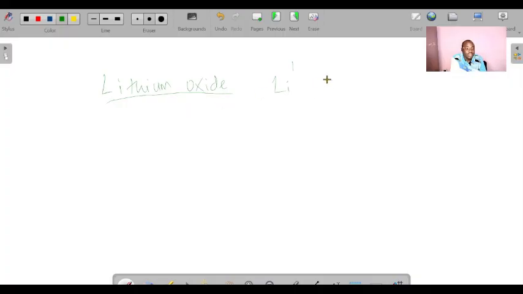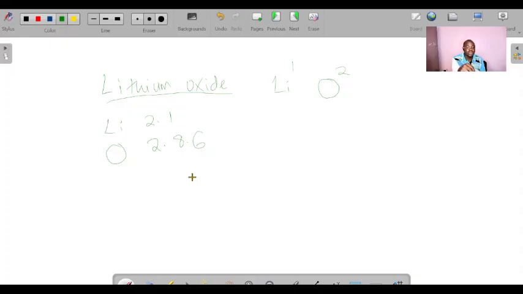What is the valency? We have the chemical symbol as O. Oxygen has a valency of 2 because we have lithium as 2.1, oxygen 2.8.6. So when lithium loses 1 electron, the valency becomes 1. Oxygen must gain 2 electrons, so the valency is 2.